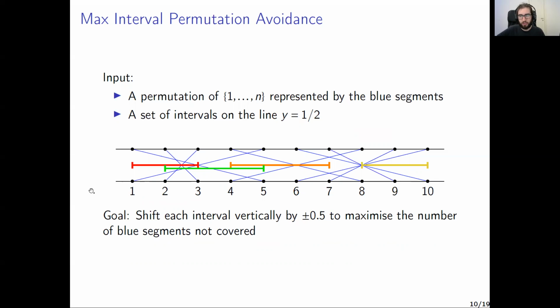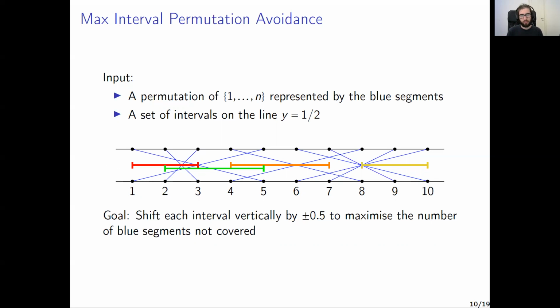As we have a permutation, we have 10 blue segments. And then also, as part of the input, you are given a set of intervals on the line y equals 1/2. So here you can see 4 intervals. For example, the green one here is represented a little below, but this is just for the sake of readability. You should think of it as overlapping these other intervals.